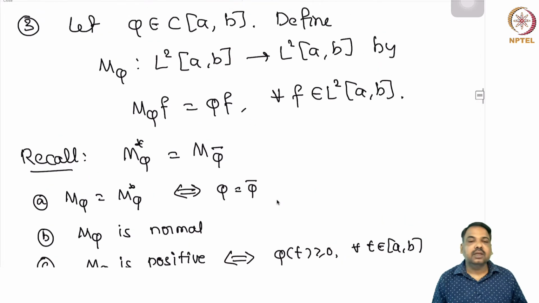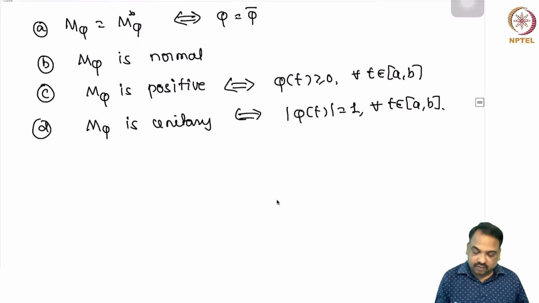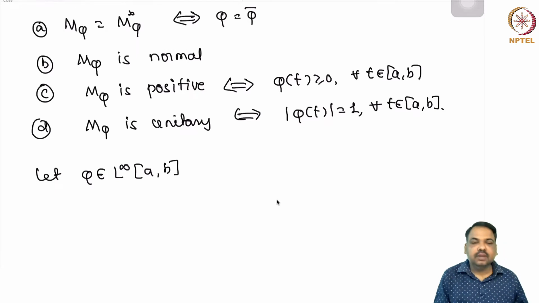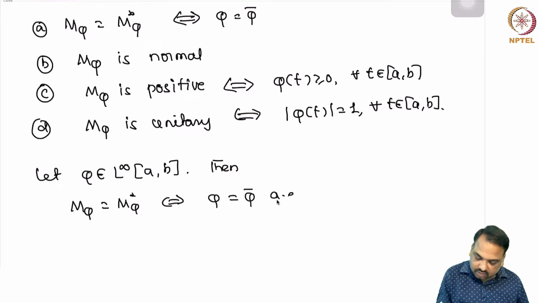Here we are taking phi to be a continuous function, but if we take phi to be in L infinity [a,b], and look at the multiplication operator induced by phi, then M phi is self-adjoint if and only if phi equal to phi bar almost everywhere with respect to the Lebesgue measure.